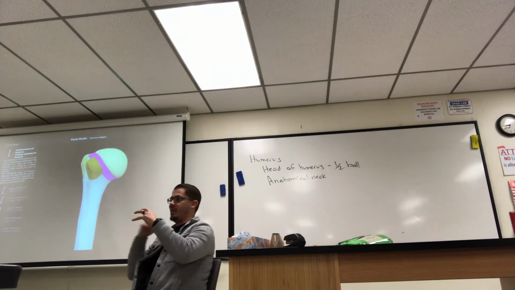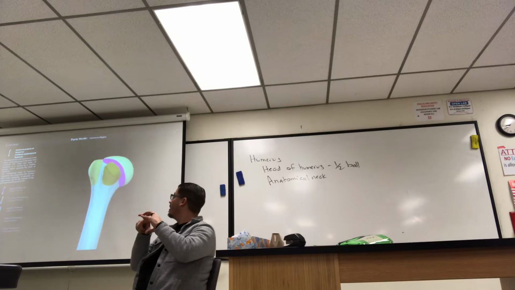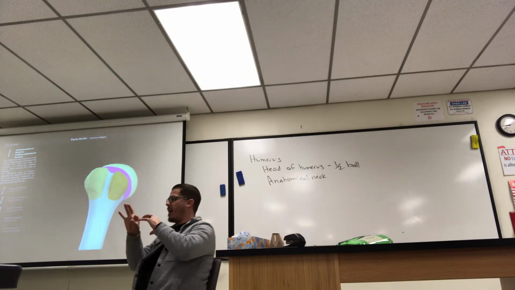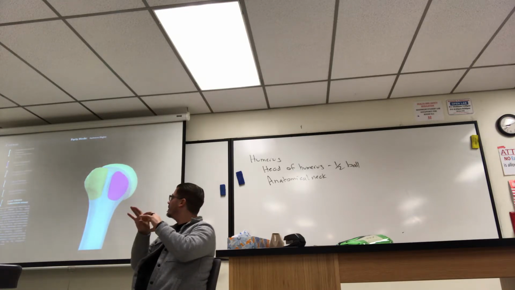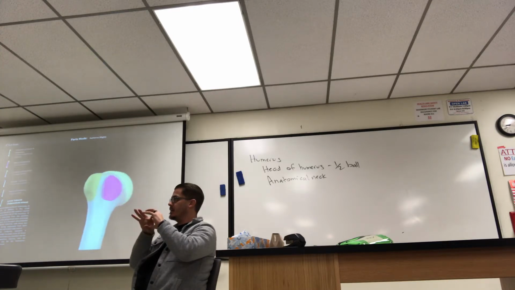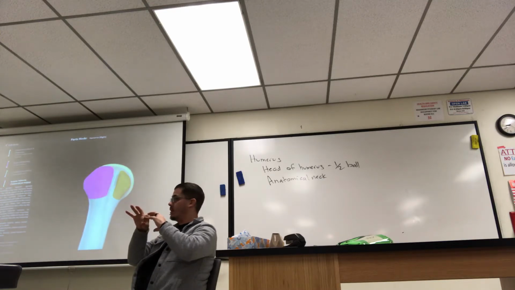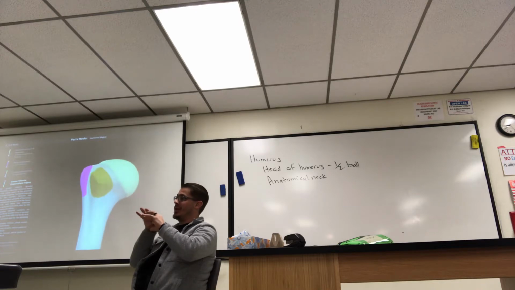And after the anatomical neck, you have those two bumps, that one there, I've highlighted in purple. It's a tubercle or tuberosity. They call it the lesser tubercle here. And the one next to it, posteriorly, is the greater tubercle or tuberosity.